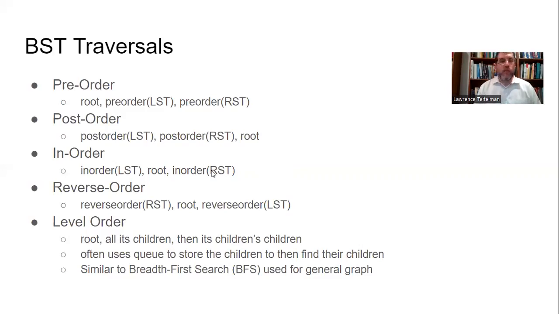Does anyone remember where we mentioned that? We didn't spend a lot of time on it, but where did that come up? So it came up when we were talking about sorting, right?